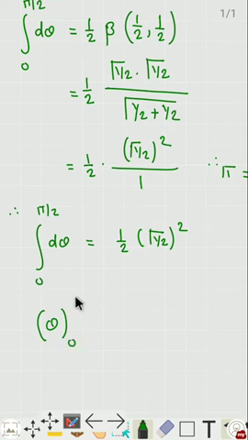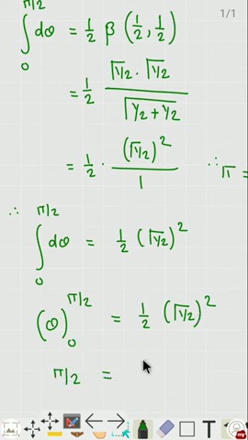and lower limit is 0, upper limit is pi by 2. Right hand side is 1/2 into gamma half its square, and the value is pi by 2 is equal to 1/2 into gamma half its square.